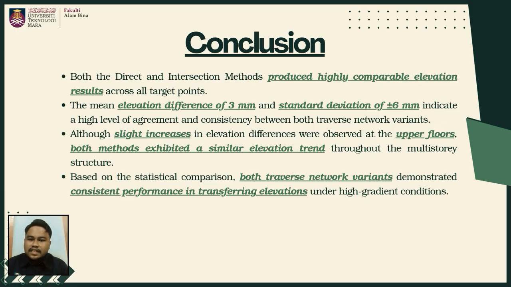Although a slight increase in elevation difference was observed at the upper floors, both methods exhibit similar elevation strength throughout the multistorey structures. Based on the statistical comparison, both traverse method variants demonstrated consistent performance in transferring elevations under high gradient slopes.